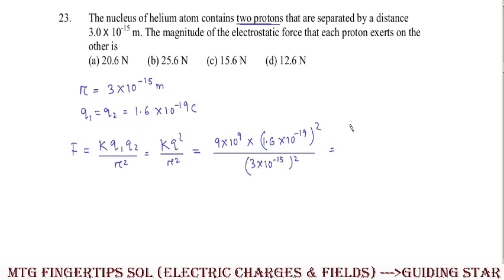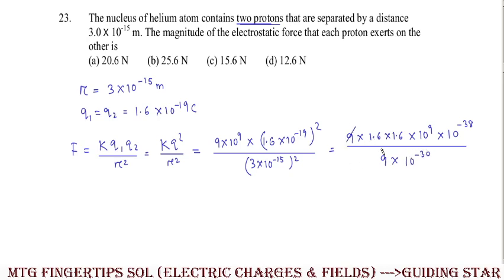So this particular value will be 9 into 1.6 into 1.6 into 10 to the power 9 into 10 to the power minus 19 whole square, that means 10 to the power minus 38, all divided by 9 into 10 to the power minus 15 whole square, that means 10 to the power minus 30.